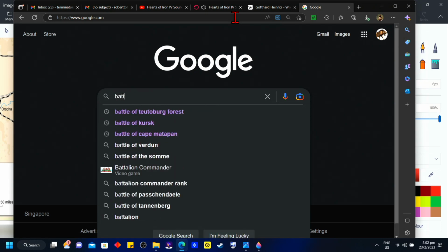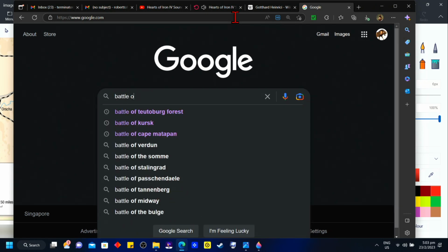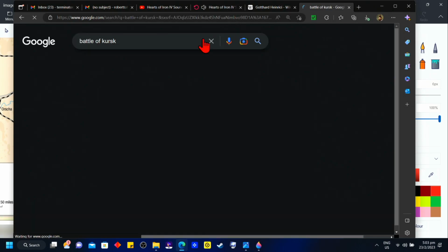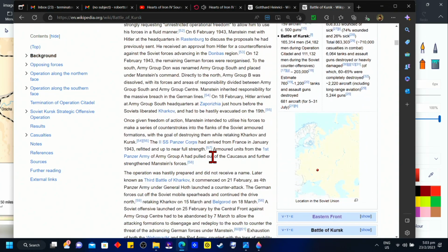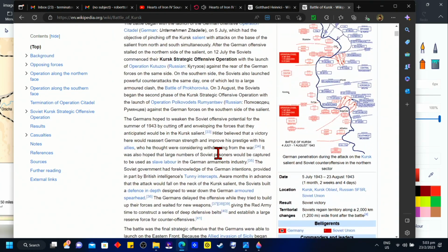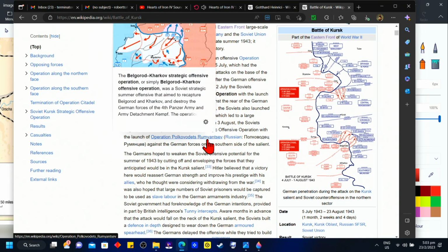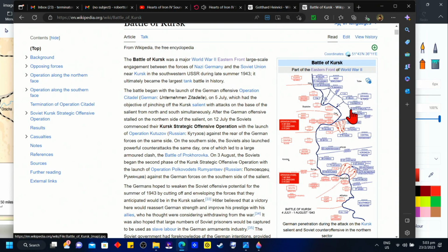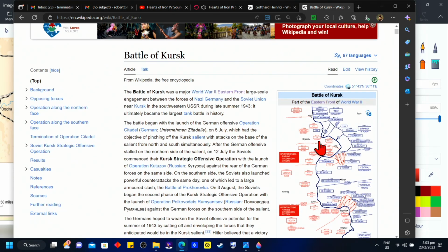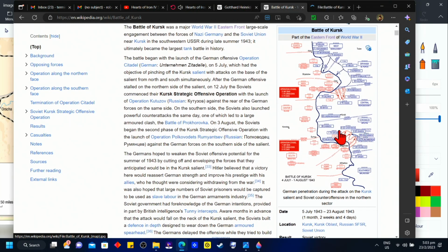I do not know how to pronounce it. There were two operations that took place shortly before Operation Smolensk, the counter-offensives at Kursk: Operation Rumyantsev and Operation Kutuzov. Operation Kutuzov was directed against the Ninth Army at the Orel Salient. Then Operation Rumyantsev was directed at the German grouping at Belgorod and Kharkov.